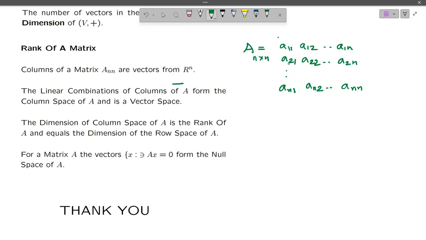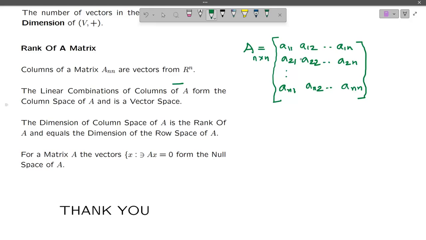That's an n by n matrix. Now each of the columns of A is an element of Rn. So the linear combinations of the columns of A form the column space of A, and that's a vector space.